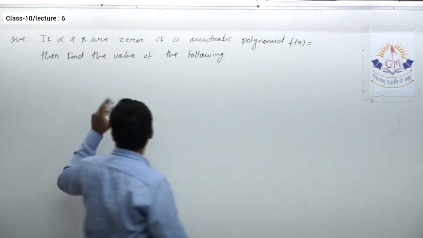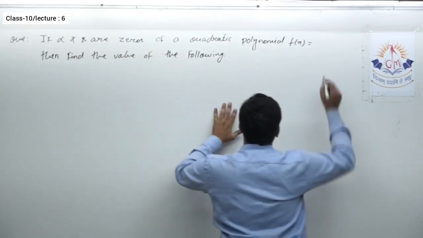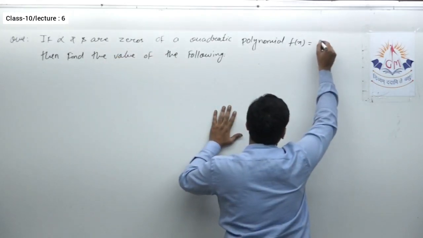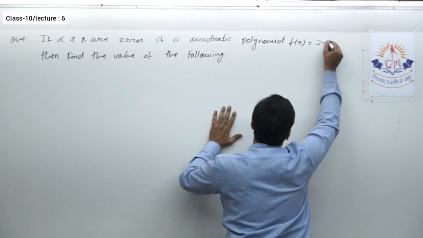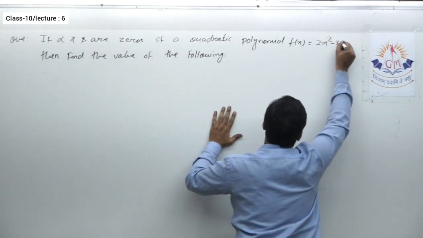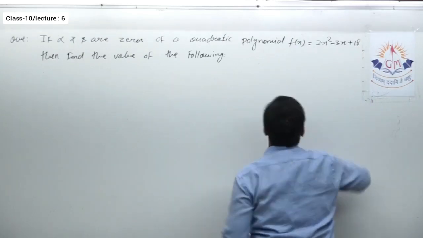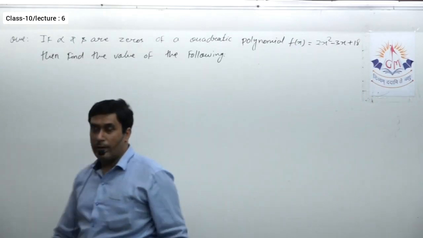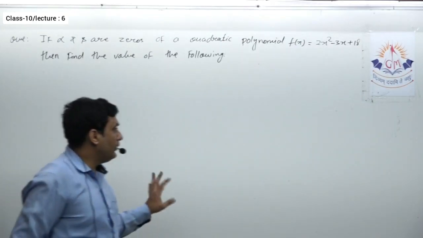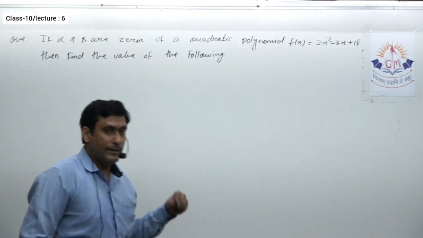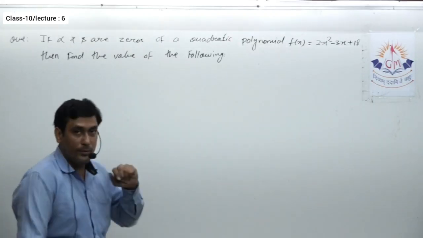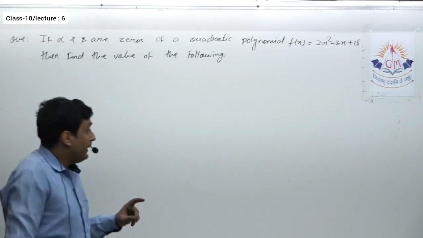Okay, so next question: if alpha and beta are zeros of a quadratic polynomial f(x) = 2x² − 3x + 18. Again, if you try to find the zeros of this, in 99.9% of cases you won't be able to get them.